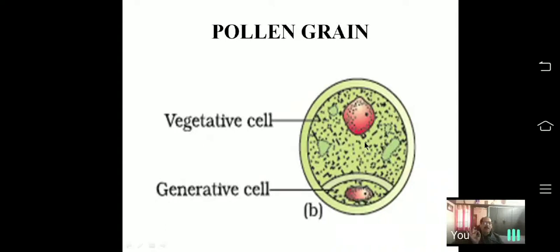Another small sized cell, called the generative cell, floats in the vegetative cell cytoplasm. This generative cell contains little cytoplasm with a haploid nucleus. It undergoes mitotic division. Which division?